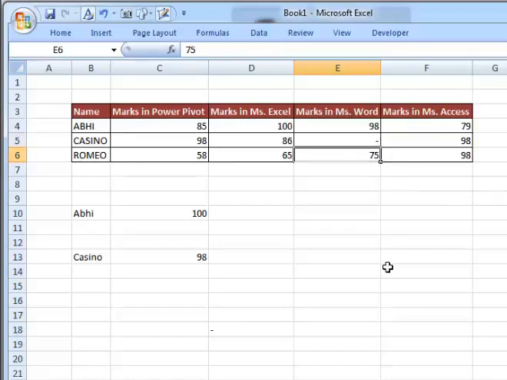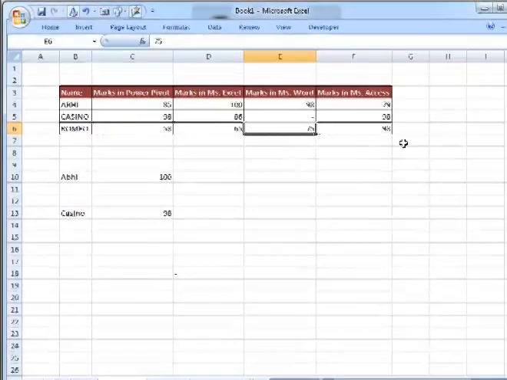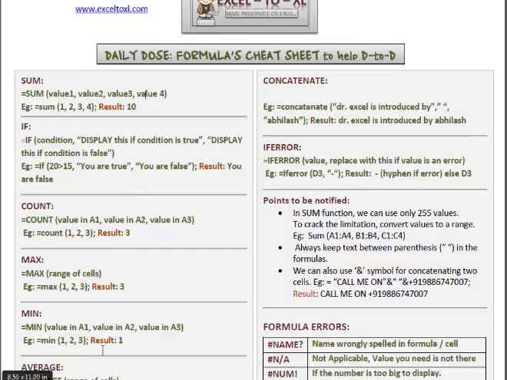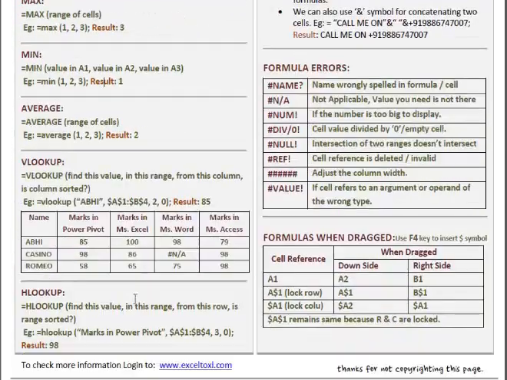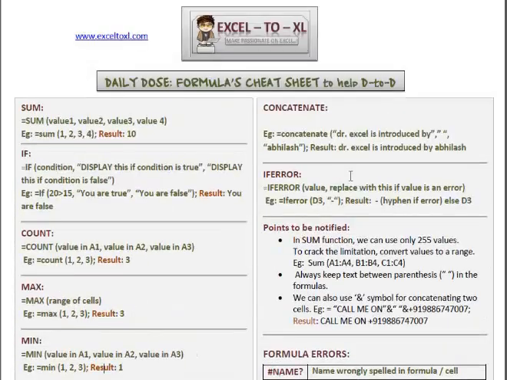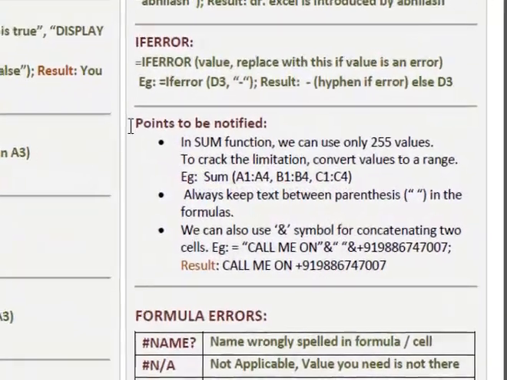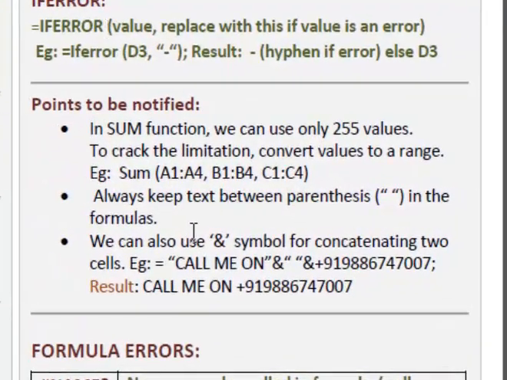That's all. We have learned a few formulas today: 1, 2, 3, 4, 5, 6, 7, 8, 9 and 10 formulas. Along with these 10 formulas, we have to remember a few points. In the SUM function, we can use only 255 values.